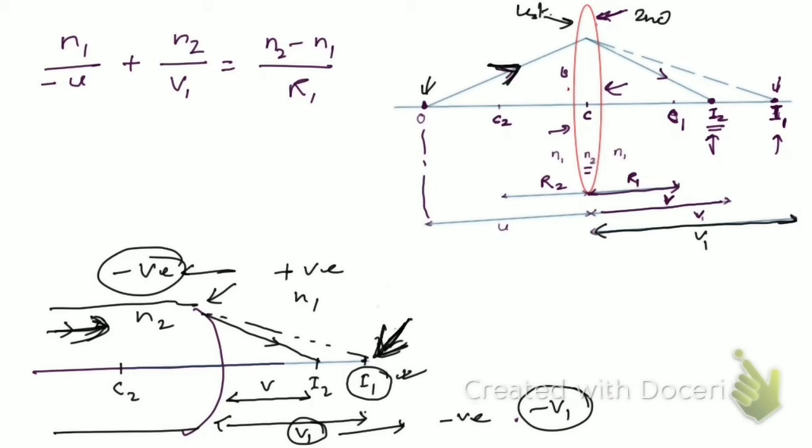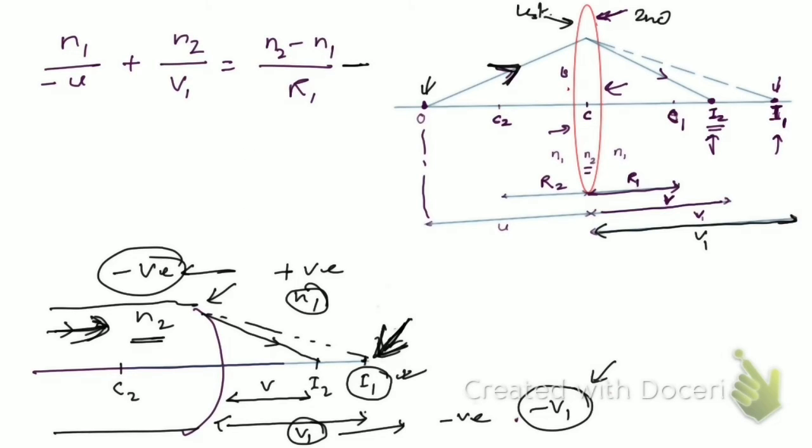Okay, and this is the image distance for us. So instead of minus u, we're gonna write minus v1, right? Now it is traveling from the medium of refractive index n2 to n1. In the first case, this was obtained when the light was traveling from the medium of refractive index n1 to n2. So now it is the reverse case.